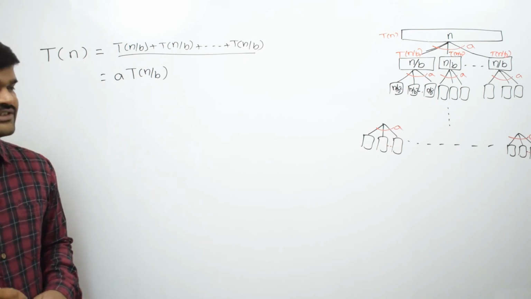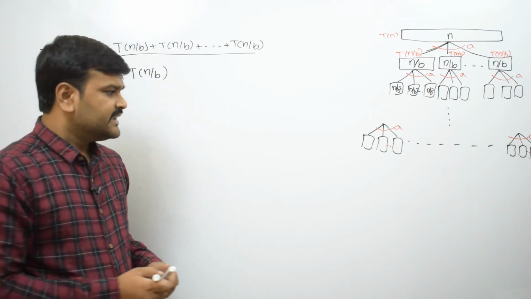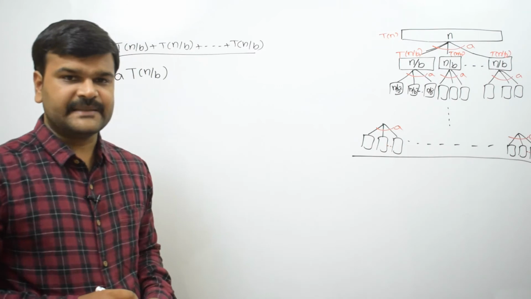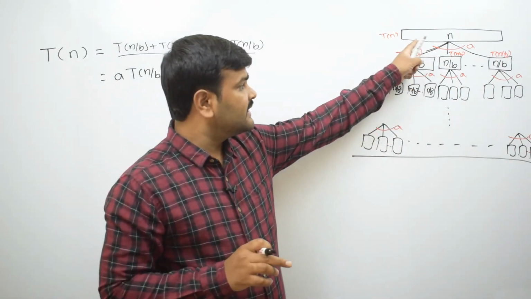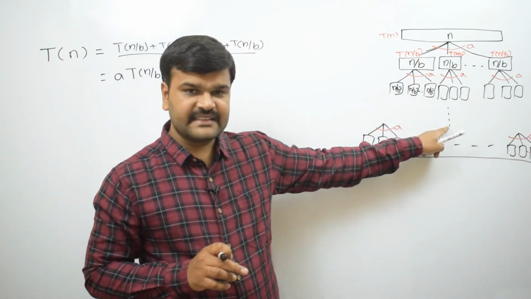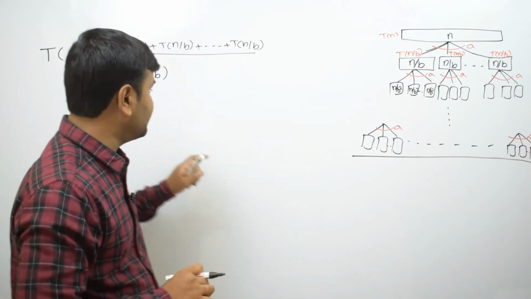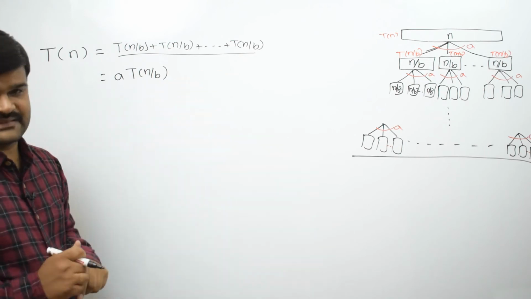Now here one more thing is there for better understanding. So it became like this. Now after this, is there any other work for getting this tree? That work also must be there in your total time complexity. This is not the total time complexity.